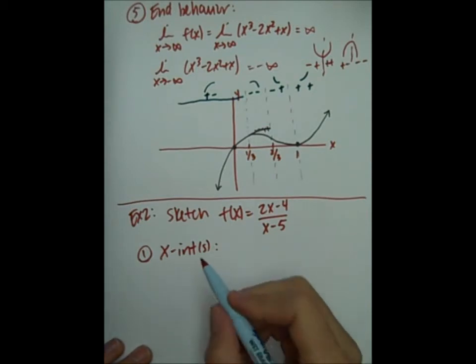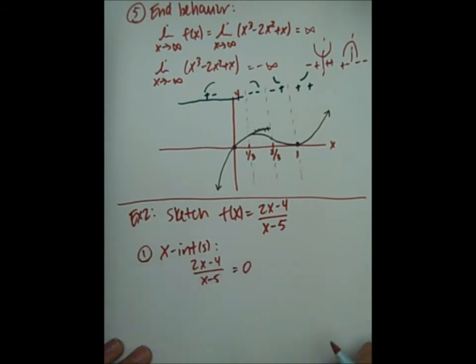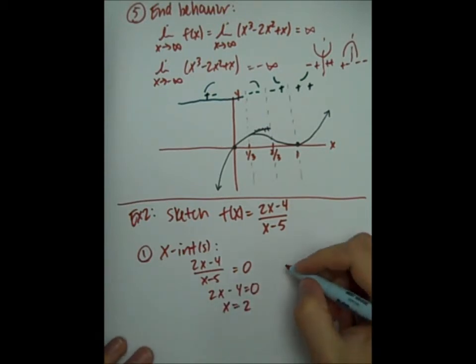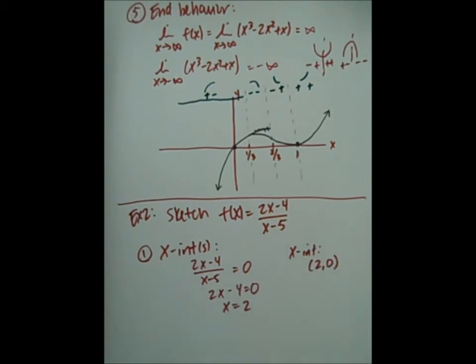So remember, for x-intercepts, you set the whole function equal to 0. Well, if a fraction is equal to 0, that means the numerator is equal to 0. So x is equal to 2. So my only x-intercept is (2, 0). Remember that the y value here is always going to be 0 for the x-intercept.